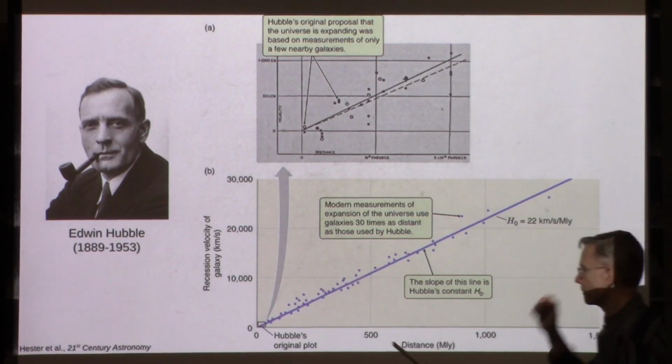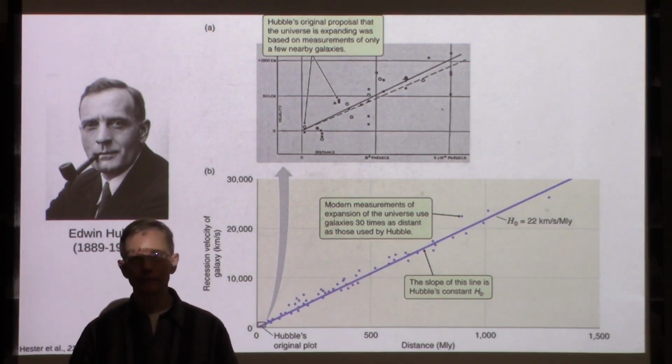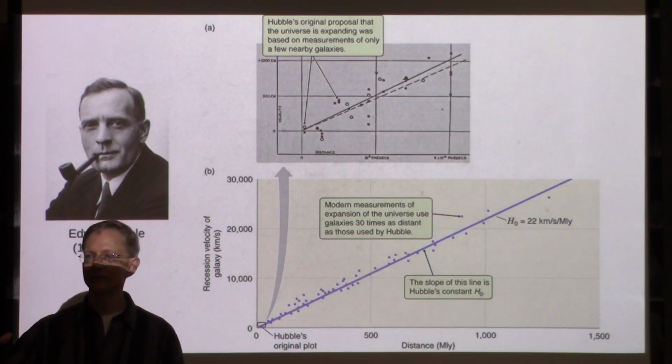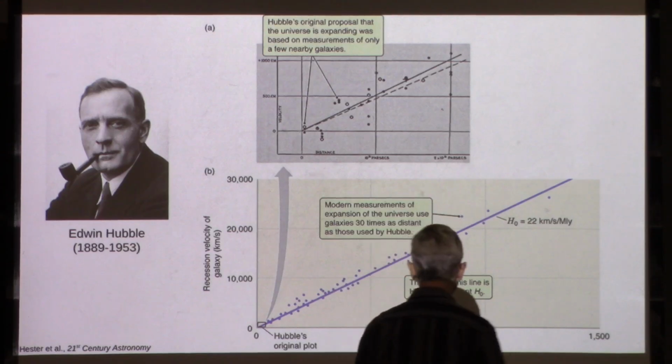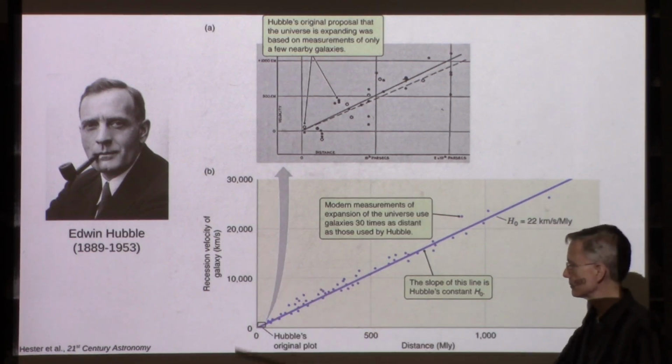Since this is from my intro astronomy textbook, where people more intuitively think in terms of light years than parsecs, the distance is plotted in mega light years, millions of light years, and the recession speed is plotted in kilometers per second.